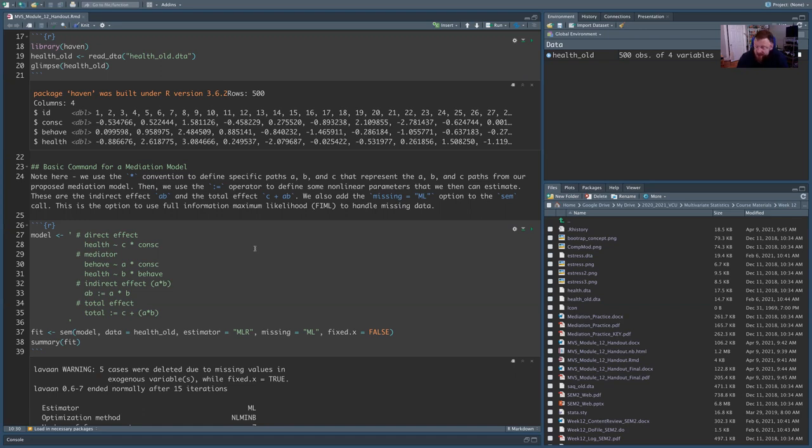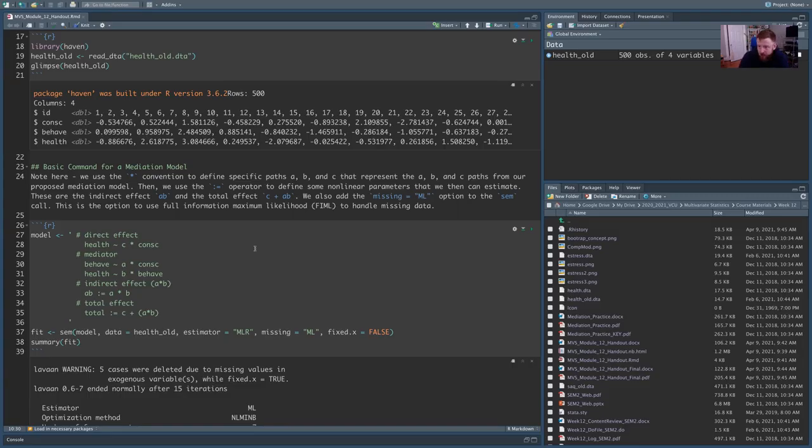So this could be a potential mediation model whereby people who tend to be more conscientious practice more health-related behaviors, and people who practice health-related behaviors then have better measures of their health.